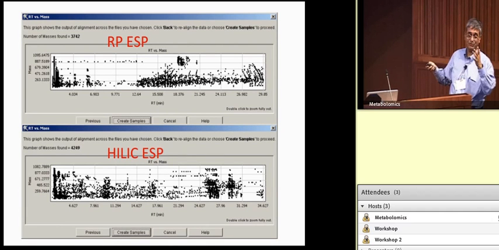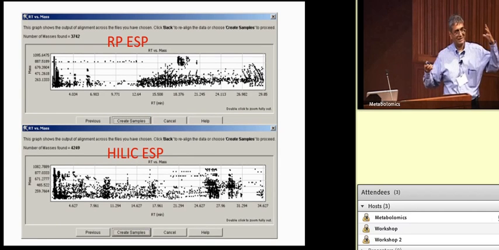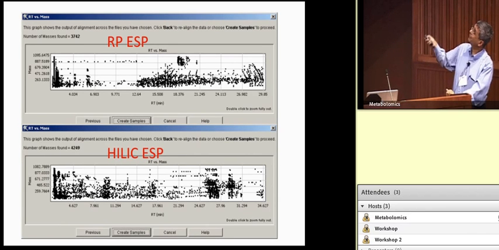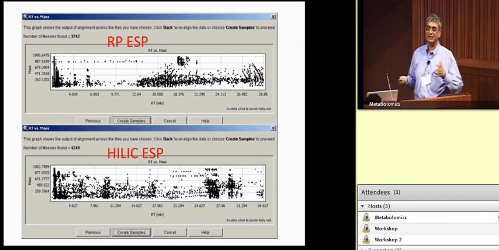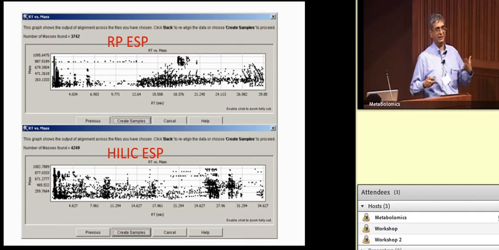What the mass spectrometer measures is the mass-to-charge ratio, and the charge is typically 1. So essentially, you're looking at the mass, and each one of these points, with different mass-to-charge ratios, is a different metabolite coming over the span of time. These are two different chromatographic techniques, and you find them littered with metabolites. So this is a very, very rich data set with numerous metabolites in it.